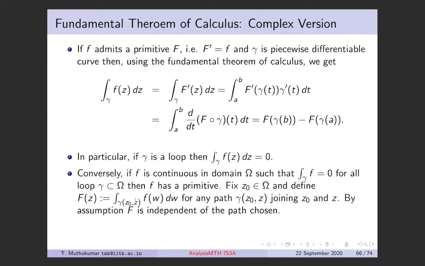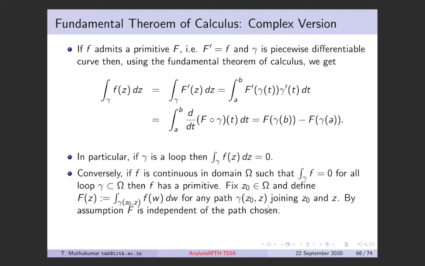Now the integral over that is 0, which is given to you, because that's a loop. That means whether you go via this path or the other path, the integral is the same, right? That is the path independence that we have seen.